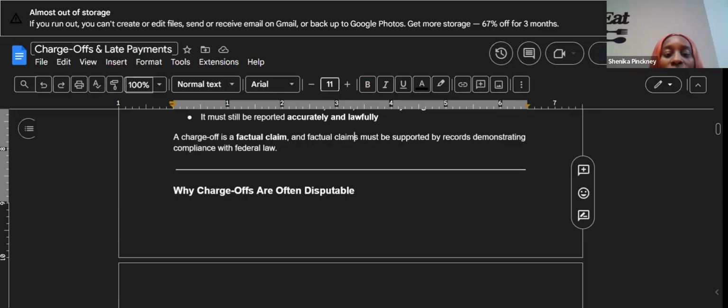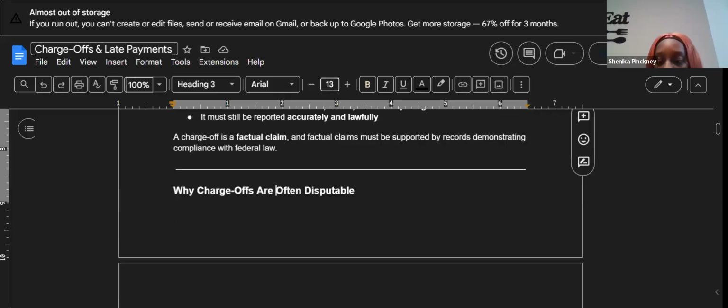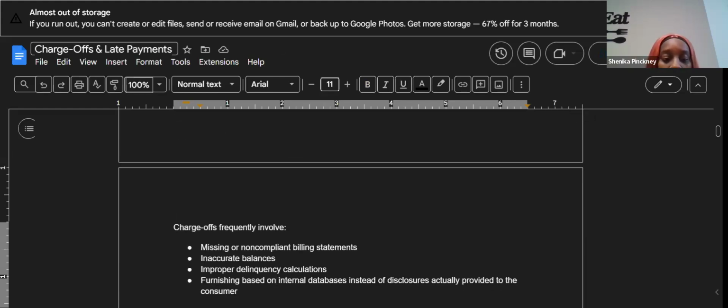A charge off is a factual claim, and factual claims must be supported by records demonstrating compliance with federal law. Now, why are charge offs often disputable?